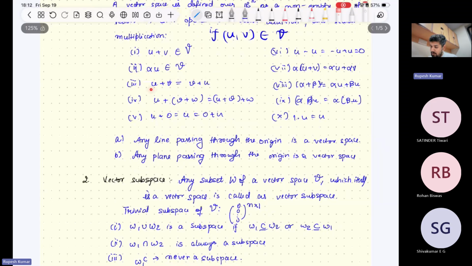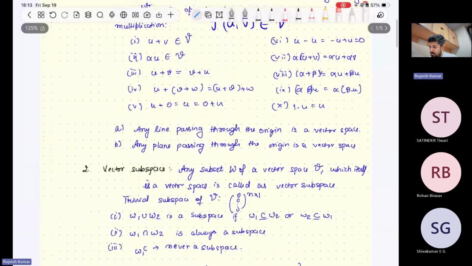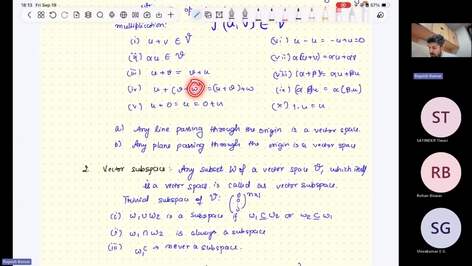Then u plus v equals v plus u, basically commutative under addition. Then the associativity property will hold. Let's say you have another vector w, then u plus (v plus w) equals (u plus v) plus w. So this is the associative property, right?